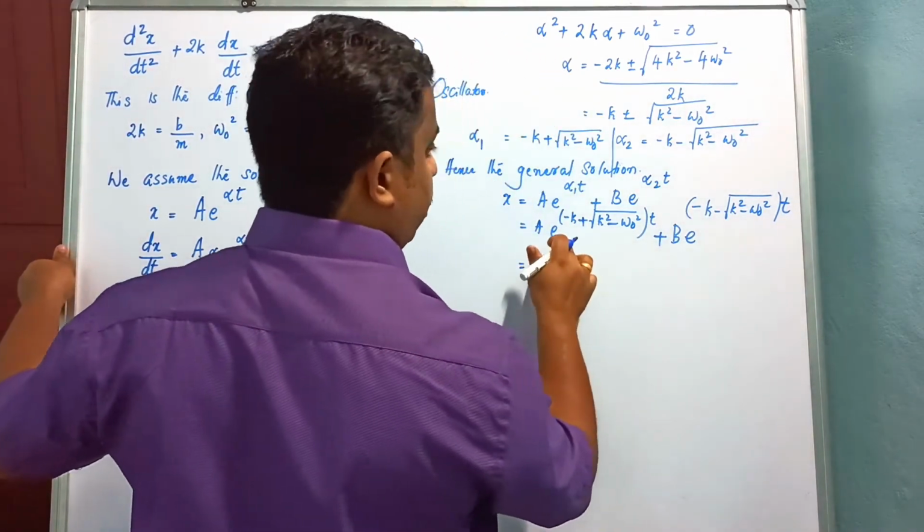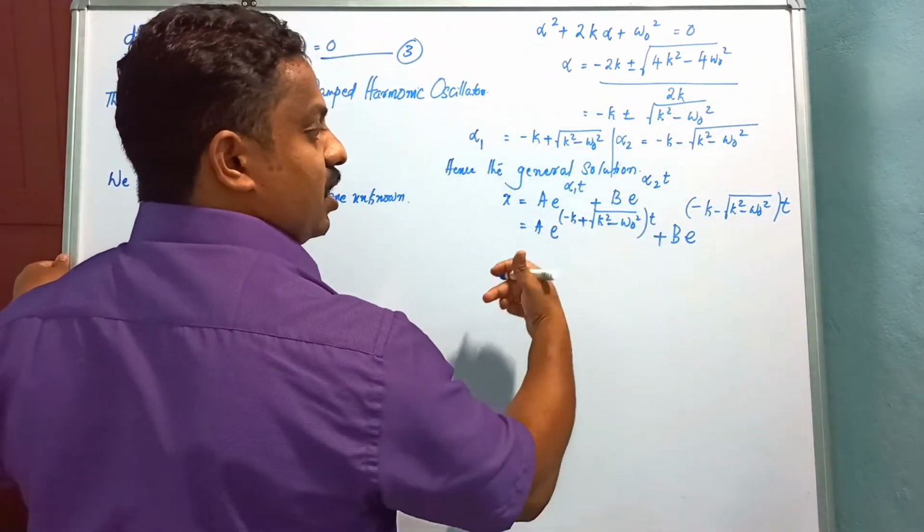That is equal to, here e raised to minus kt can be taken out.